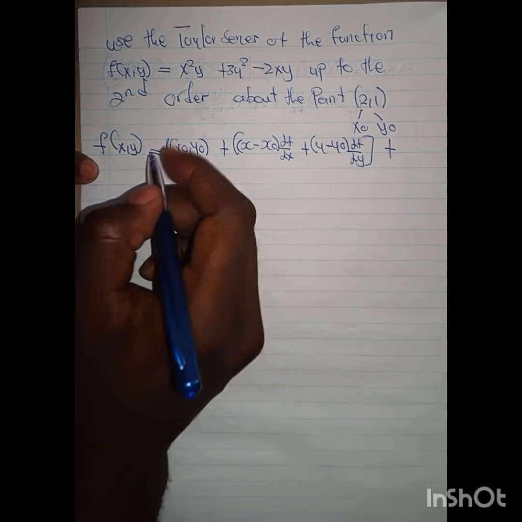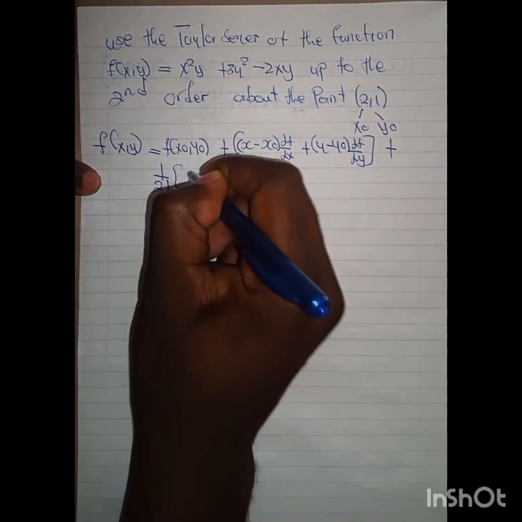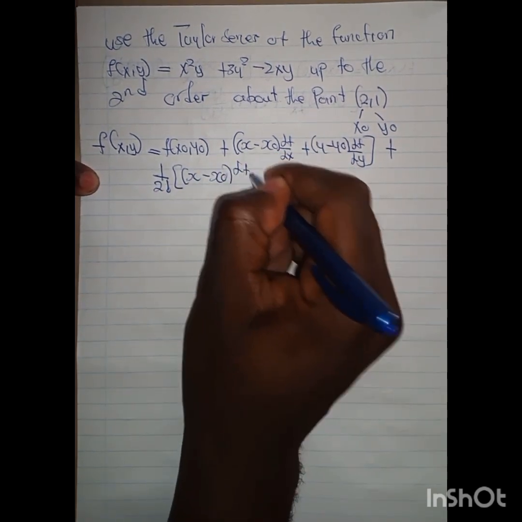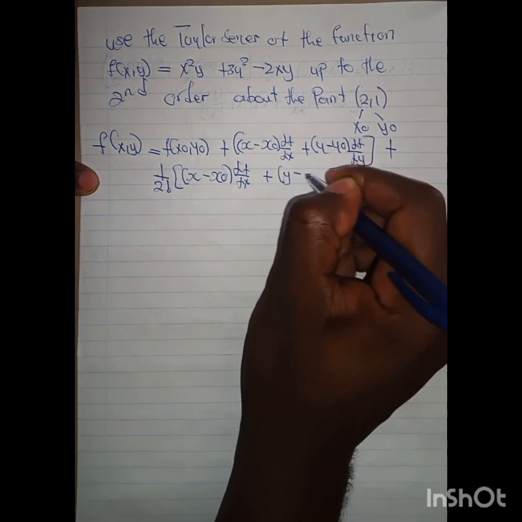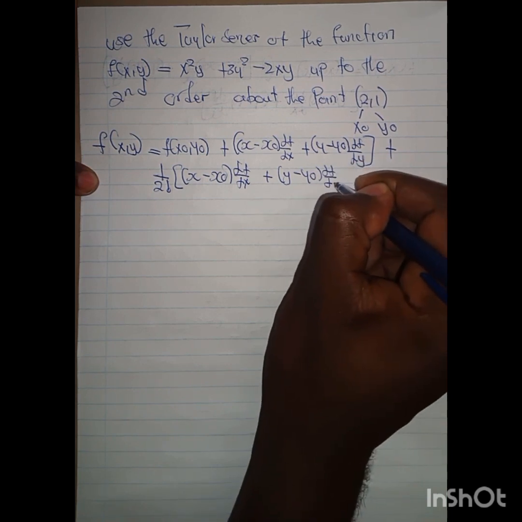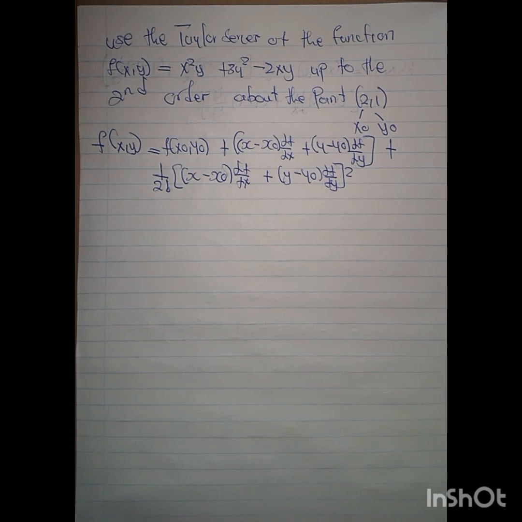Then let us go to the second order. The second order is 1 over 2 factorial, x minus x naught df dx plus y minus y naught df dy, then all squared, up to the second order. So this is the following formula that we are going to use to solve this problem.